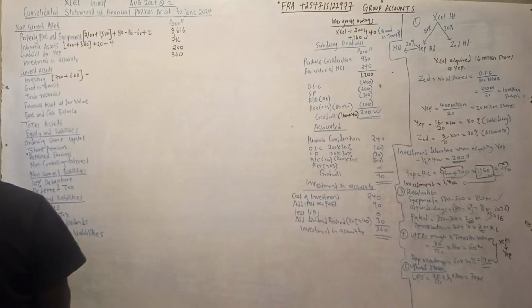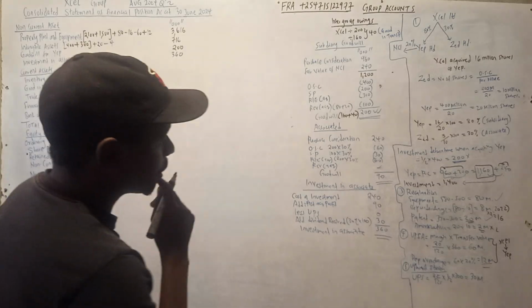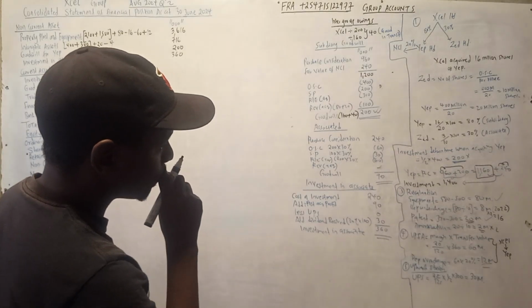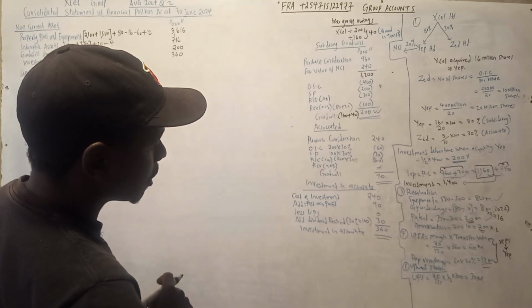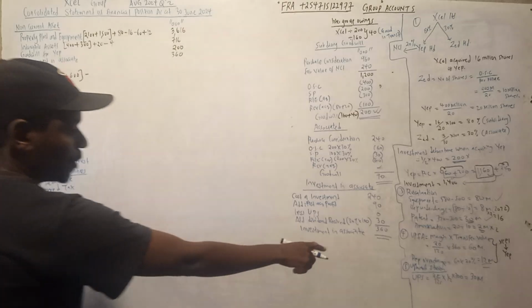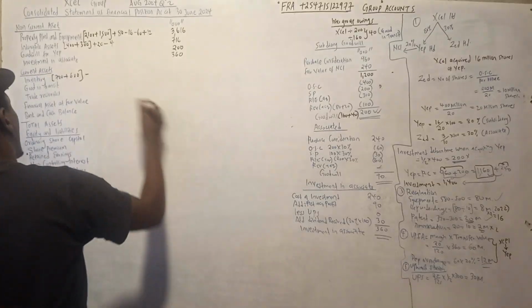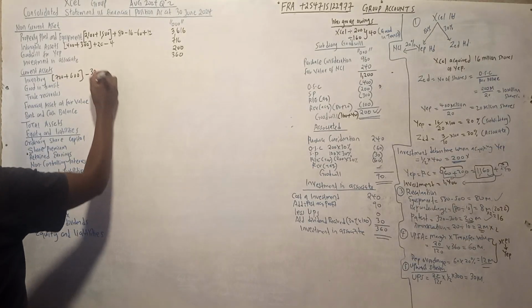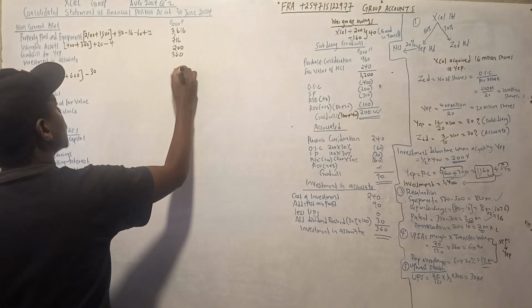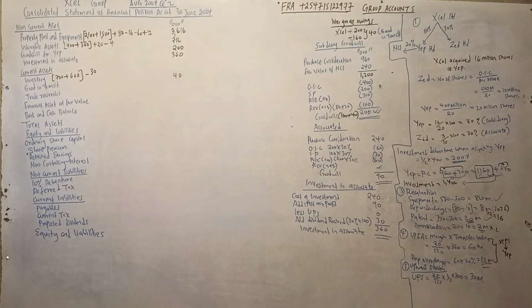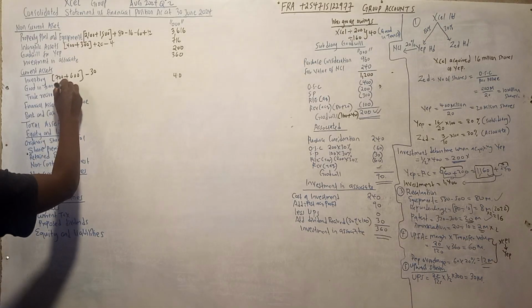Then we need to raise the UPS, the unrealized profit on stock. We did a working somewhere. Goods in transit, we said it was 40. It was never received.